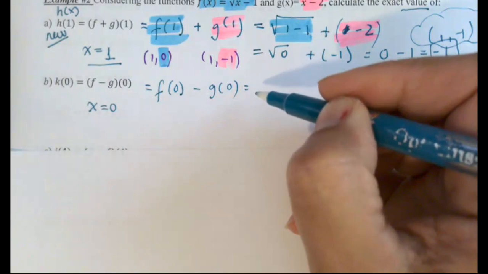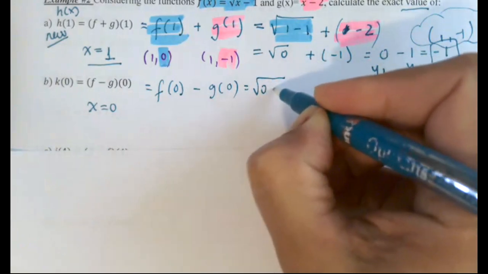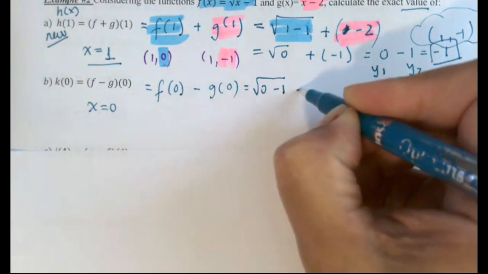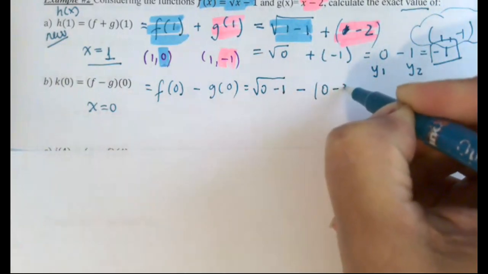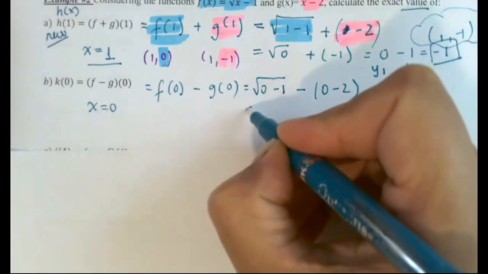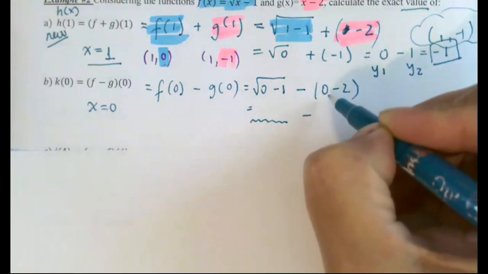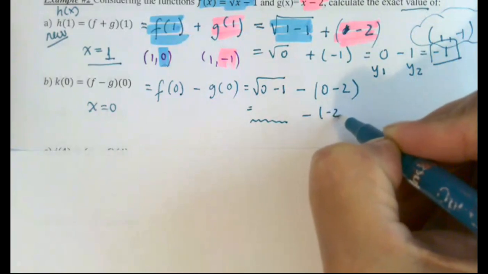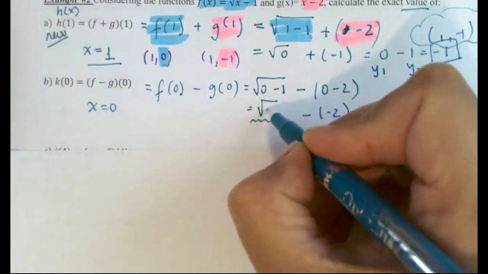Now f at 0 is going to be square root of 0 minus 1, and then minus g at 0 is going to be 0 minus 2. Here I can calculate it: 0 minus 2 is negative 2. Now, here I'm going to end up with square root of negative 1.